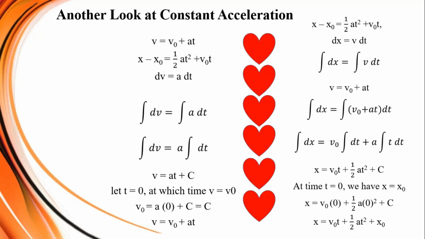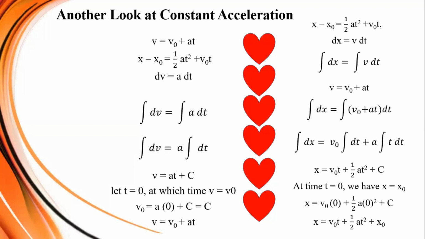To evaluate the constant of integration c, we let t equal 0, at which time v is equal to v0. So v0 is a times 0 plus c, which equals c, and finally v is equal to v0 plus at.